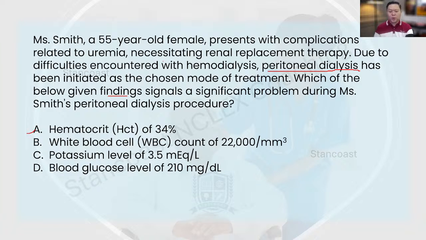So this is something that you really need to remember, okay? So at this point, we have to talk about the normal range for the female hematocrit count. For adult females, the usual range will fall between 36 to 46%. And for the males, it will be 38 to 50%.